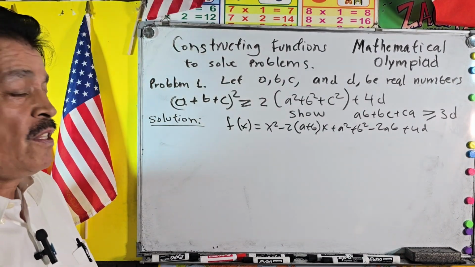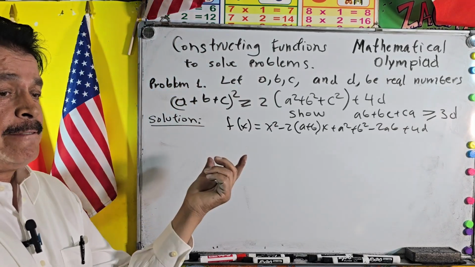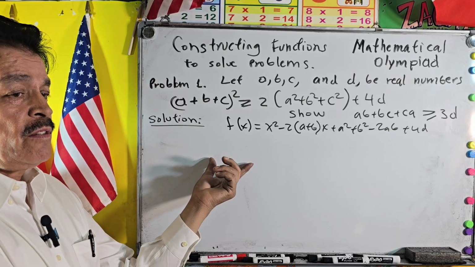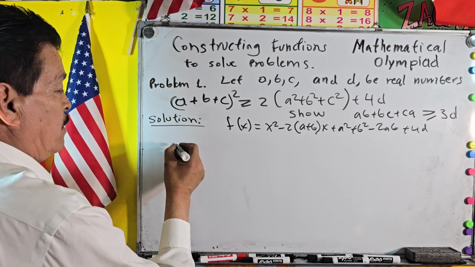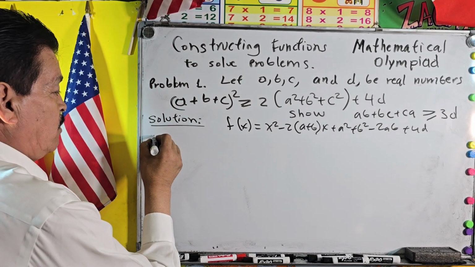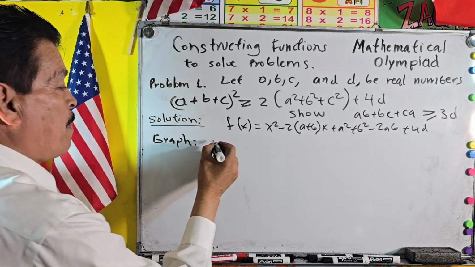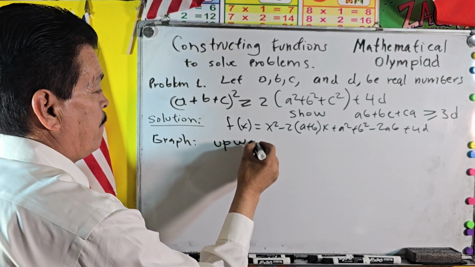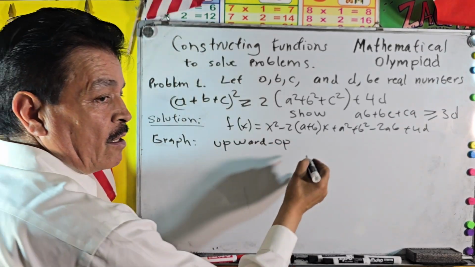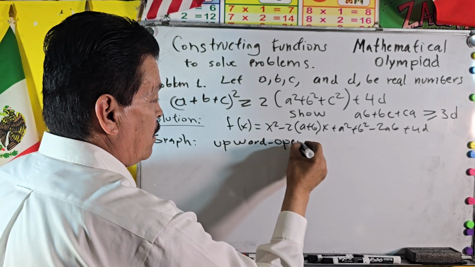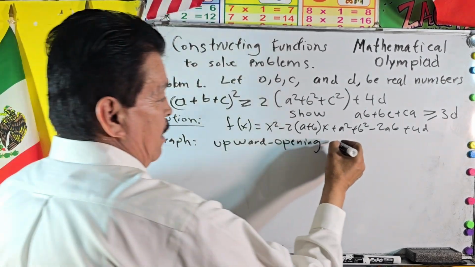So then the graph of f of x is an upward opening parabola.